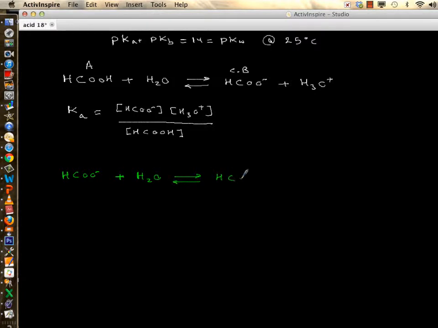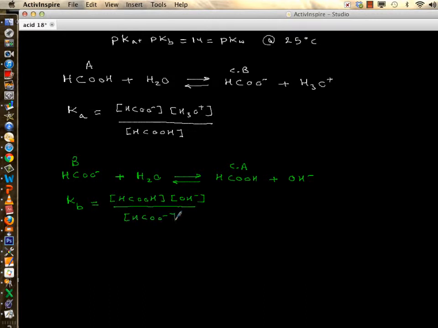It will give you the acid back, and it will release some OH from H2O in the system. In this case, you should agree this is the base, this is the conjugate acid. If we ask you to write equilibrium expression, you write K subscript B this time. And you put the products in numerator being multiplied by each other divided by the reactant.